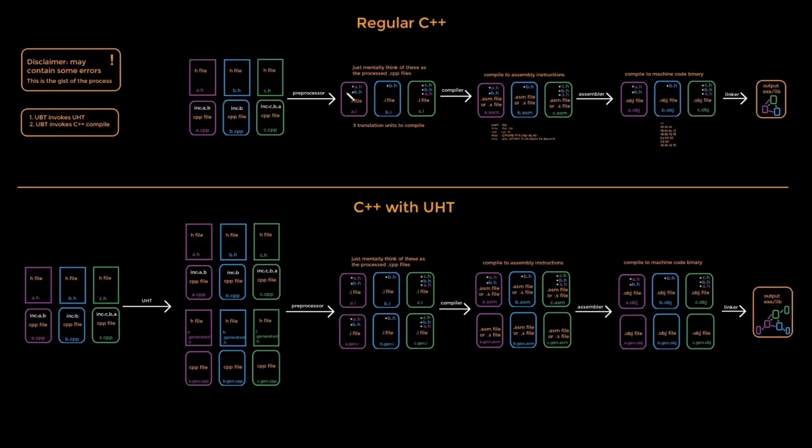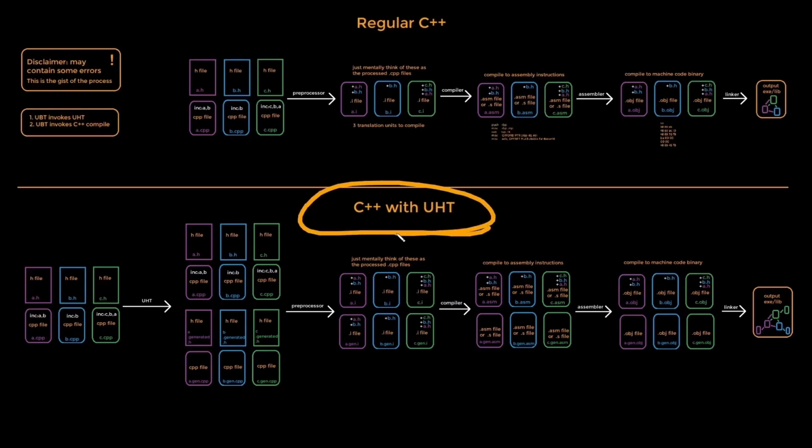The header files are effectively copy and pasted into the top of these. You can see here where I have some fake includes. This one includes all three, and we see that it got all three headers copy-pasted into this one translation unit. After that, we run a compiler, which changed it from this form into these .asm forms, which is assembly language. Then we have the assembler, which converts the assembly instructions into binary. Then we have the linker run, which links all these translation units together and allows them to call functions amongst each other. That's a really rough summary of how C++ compiles and works.